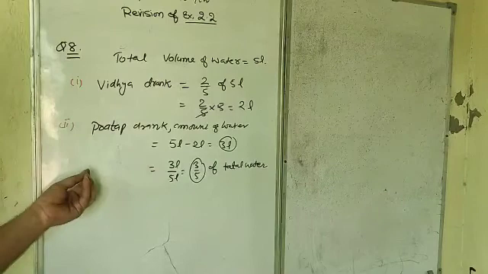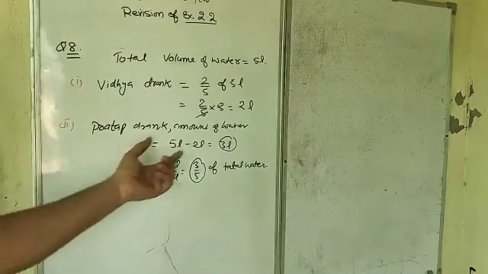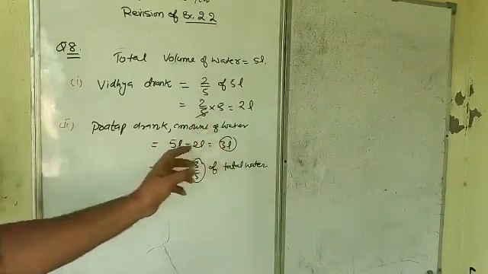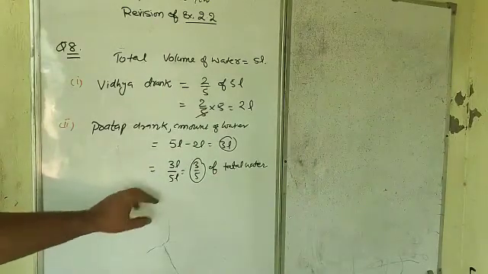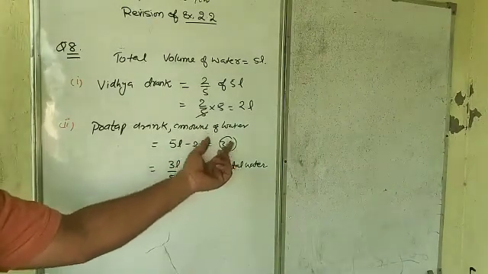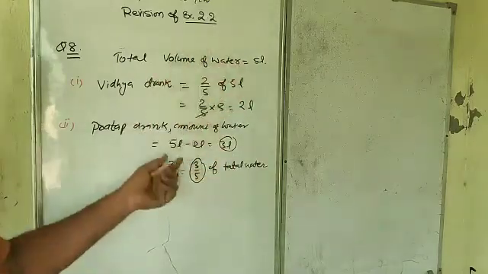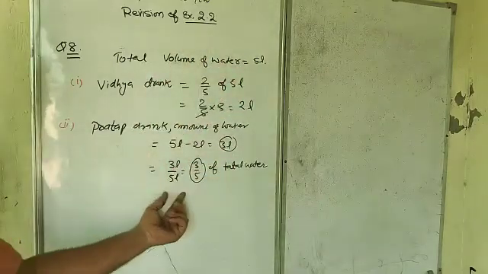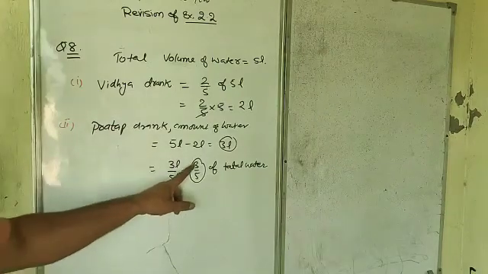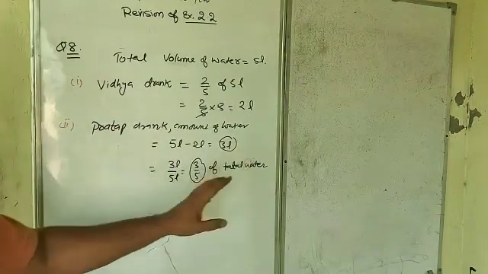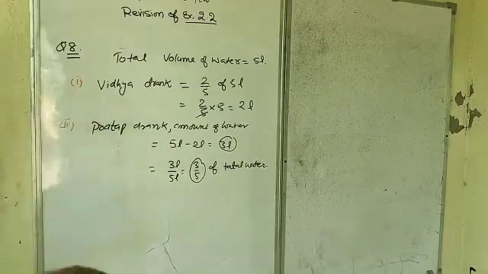So the remaining water that Pratap drank will be equal to 3 liter. Now how do we find the fraction? 3 liter is what he drank, and the total water was 5 liter. So the amount upon the total amount gives the fractional value. So 3 out of the 5 of the total water. So this is your question number 8.